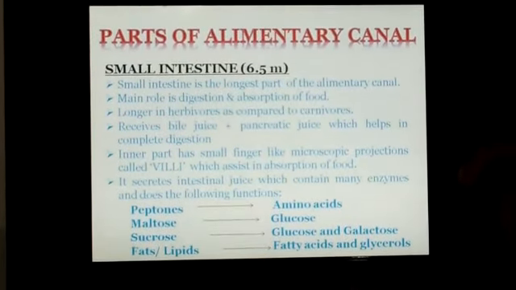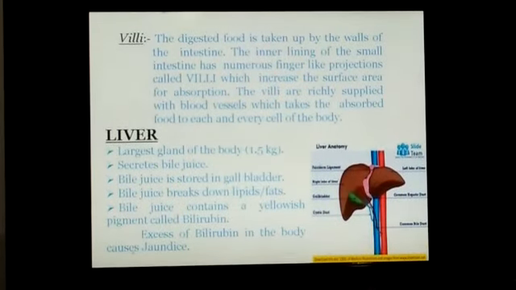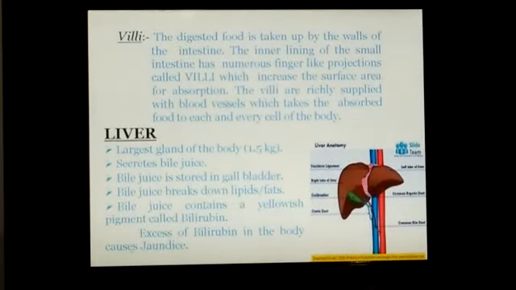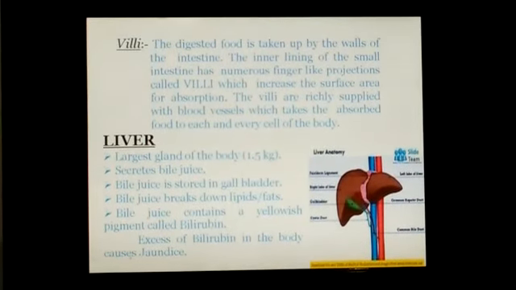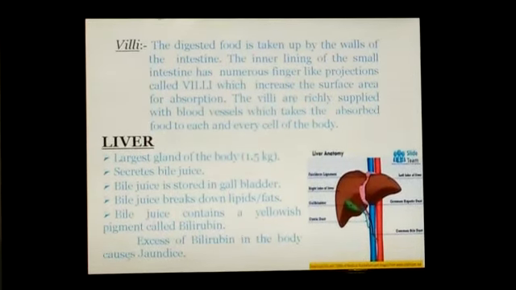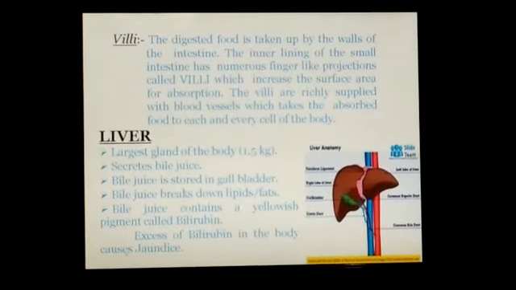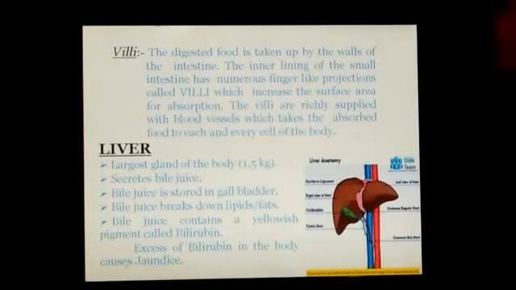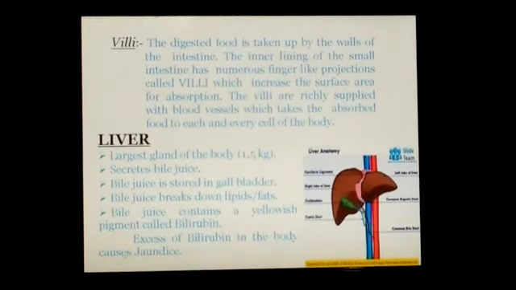Now, I'll tell you the role of villi in the small intestine. Since they are finger-like microscopic structures, they help in the absorption of food. Absorption basically means the food is carried from the small intestine to the bloodstream.